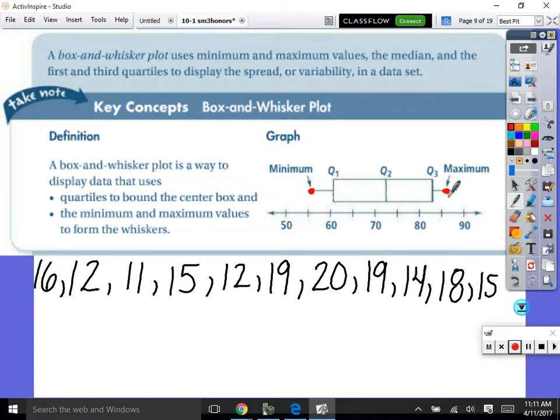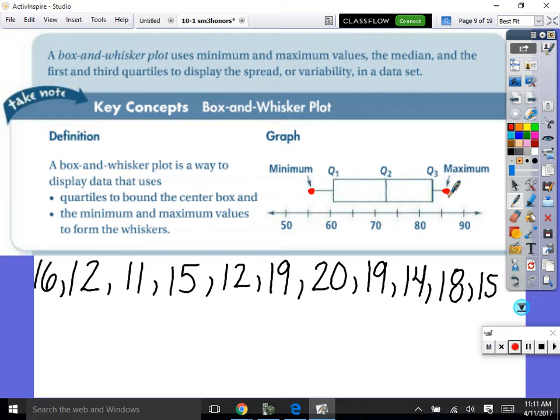So min, max, quartile 1, 2, and 3. If you have a box and whisker plot, you know a lot of things. You know the median, the min, the max, and then you can find the interquartile range by doing Q3 minus Q1. And looking at the middle of a data set might be more accurate.